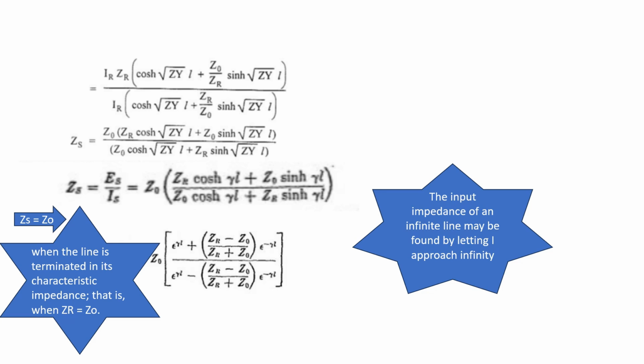So we have to bring the terms in the form of e power minus terms.